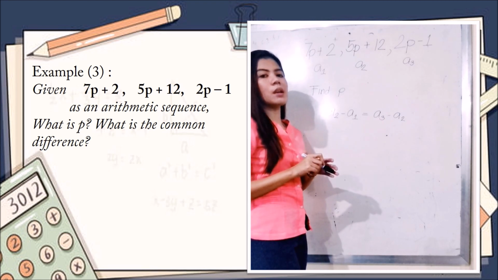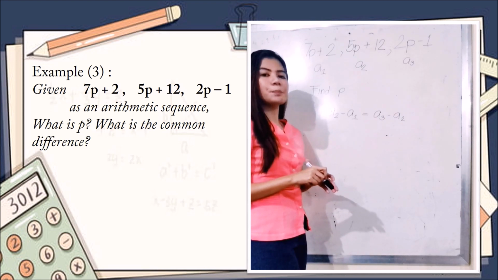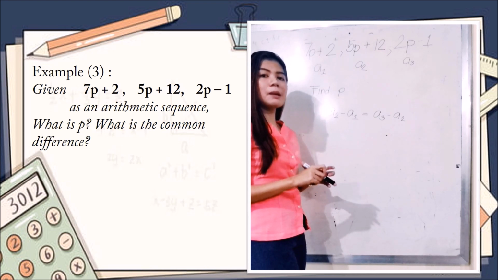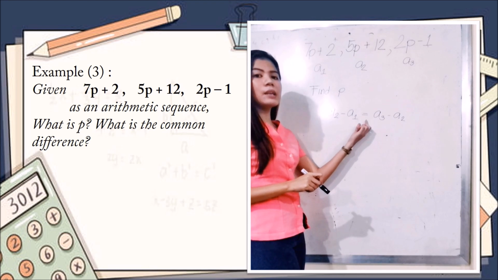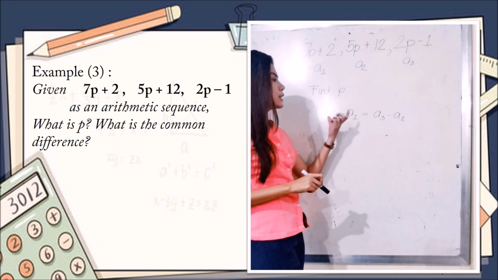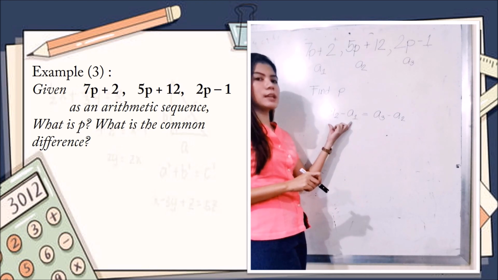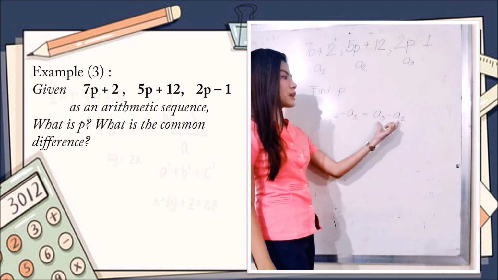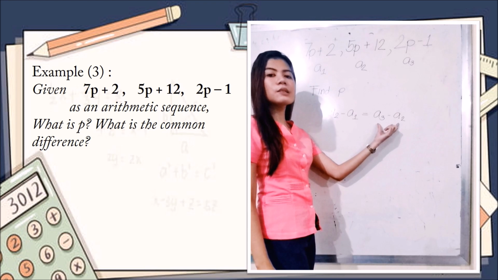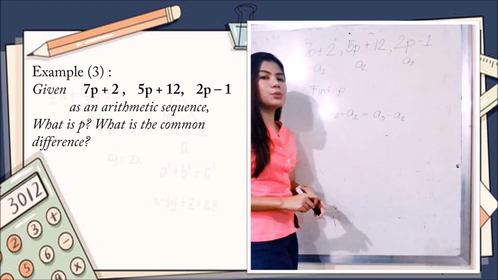By the name itself or sa ginawa natin kanina, ang common difference ay may pare-parehong sagot kung saan sila ay equal. So, ibig sabihin, ang difference ng a of 2 minus a of 1 ay kapareho lamang or equal lamang sa magiging resulta or difference ng a of 3 minus a of 2.